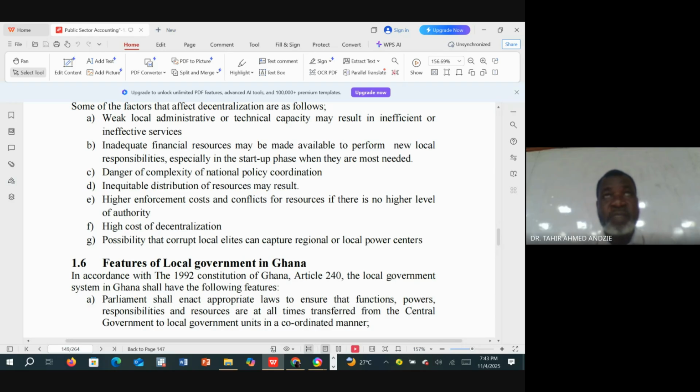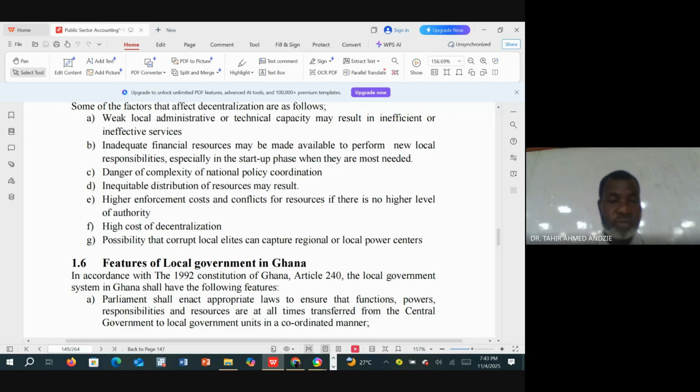Sometimes making sure that there is peace and order in the area, you need money to do that. If you don't have enough resources to enforce some of the laws and regulations in the district, it may be a problem. So higher enforcement costs and conflict for resources if there is no higher level of authority.